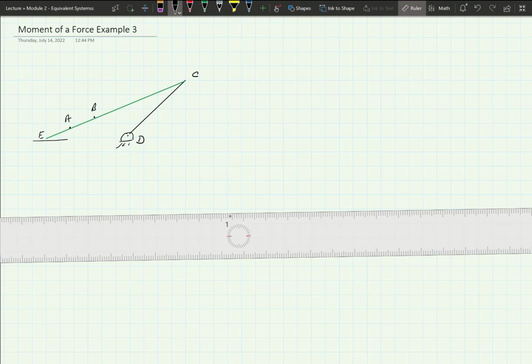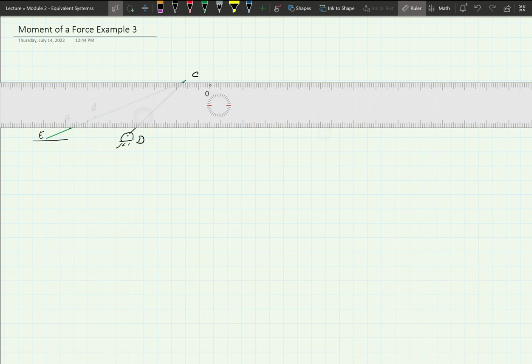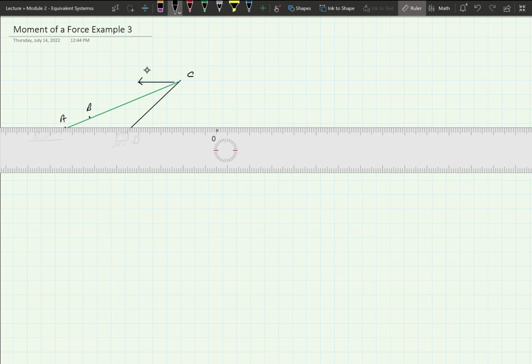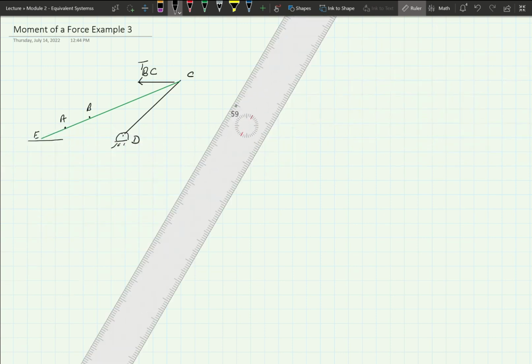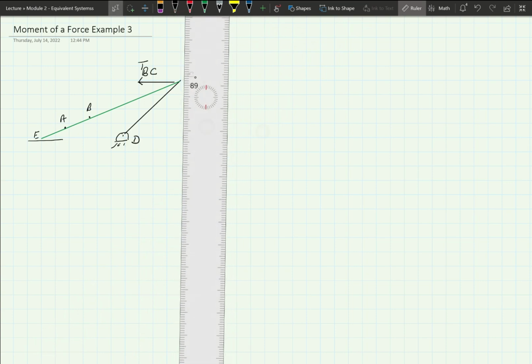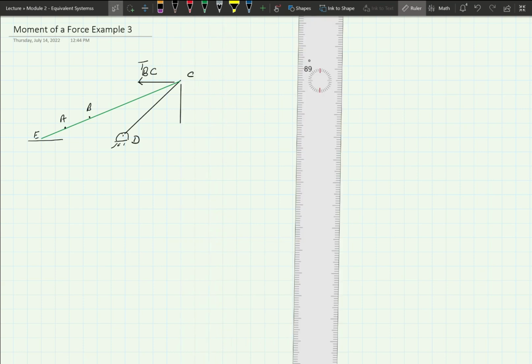This may have just been some combination problem that I had in the beginning, or that was part of an example I used once. But for this, we got a force here. We're going to call it T BC, and then I'm going to call this one T AC.